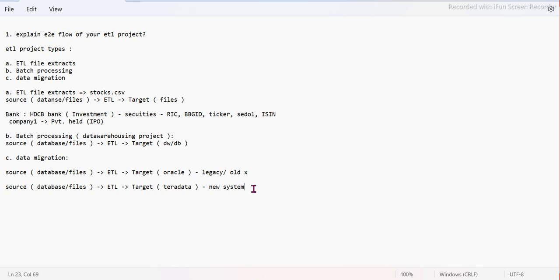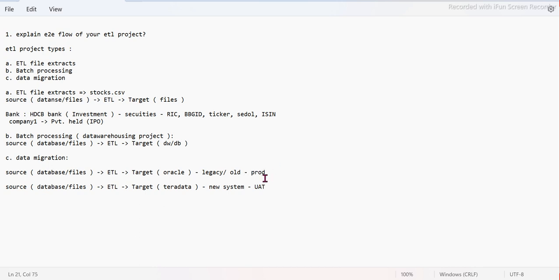This system will only be decommissioned when the new system is ready and fully certified. So people try to run these two systems in parallel. This is still in UAT mode, and this is already in production.